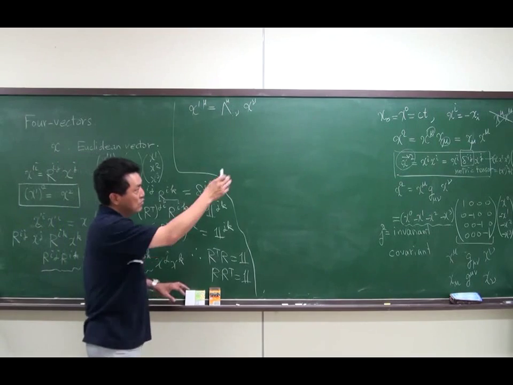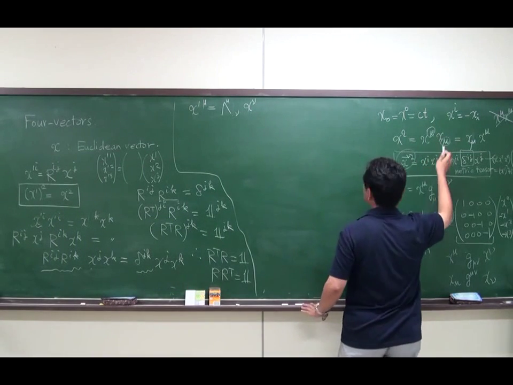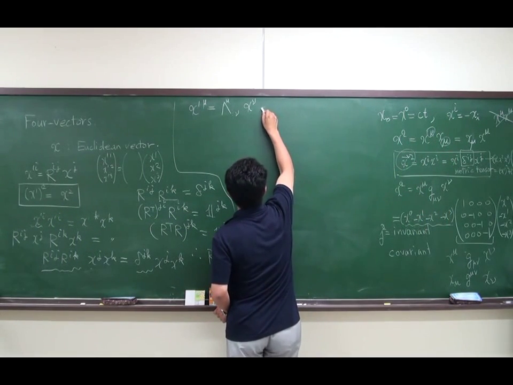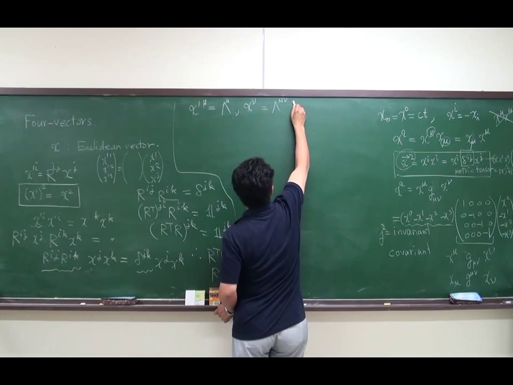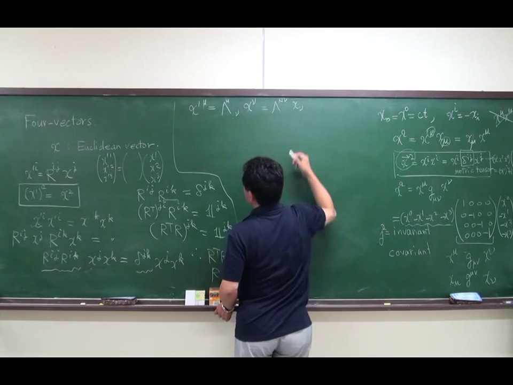If I follow the Lorentz covariant way of writing, this can also be written lambda, mu, nu, then x, nu.